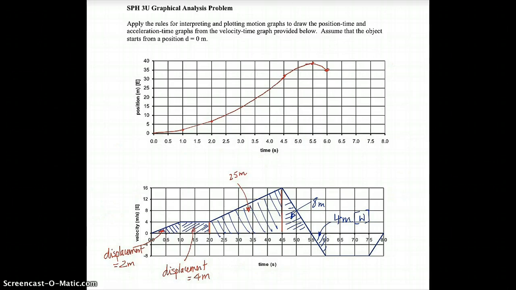Back to my velocity time graph, this area here up to 7.5 seconds. The area there is, let's see, 8 multiplied by 1.5 is 12 meters, but it's 12 meters west. So 12 meters west, I'm at 35 meters.